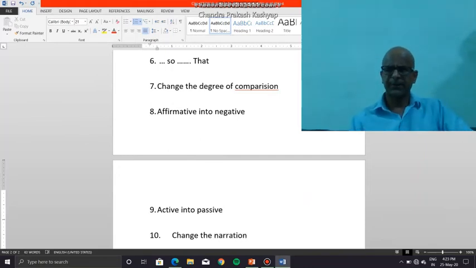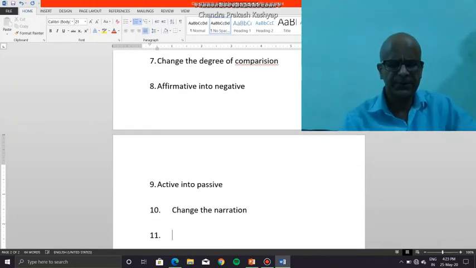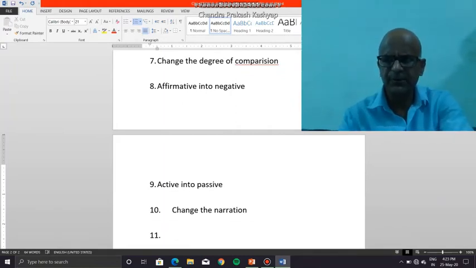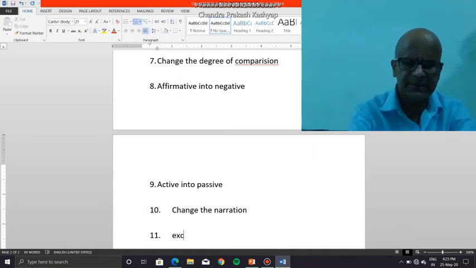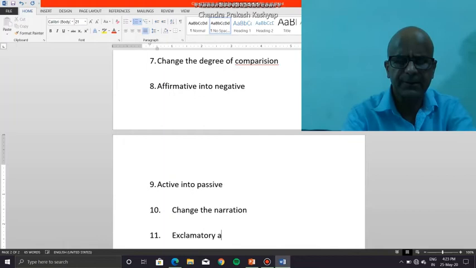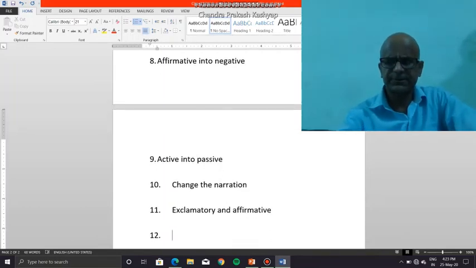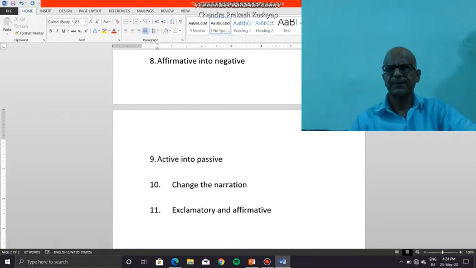That means if the given sentence is direct, you may be asked to change it into indirect or vice versa. Or you may be asked to bring an interchange between exclamatory and affirmative. So these are all different structures that you may be asked.